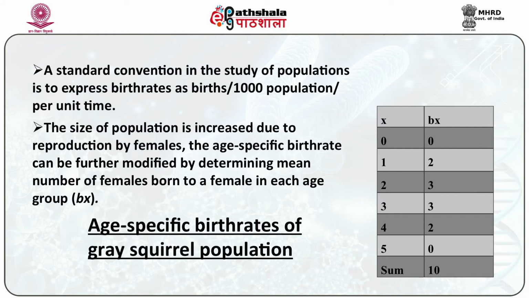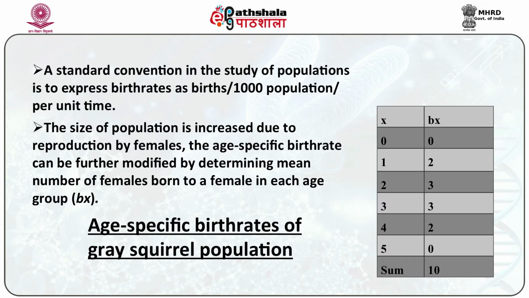It is called the gross reproductive rate. In the above example, the gross reproductive rate of the grey squirrel population is 10.